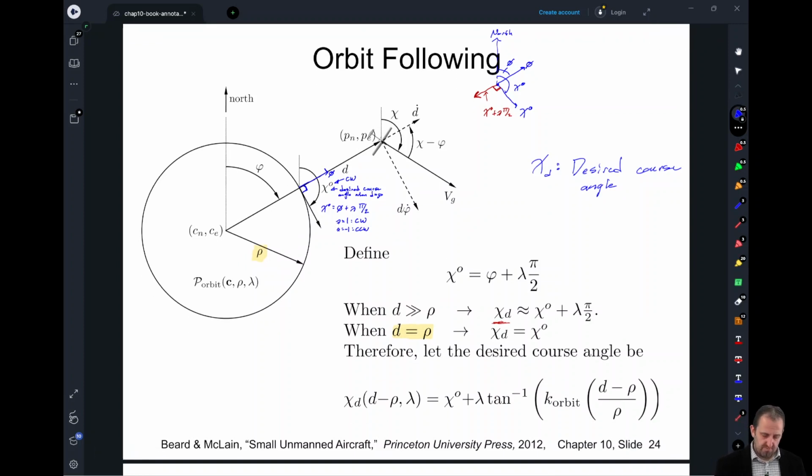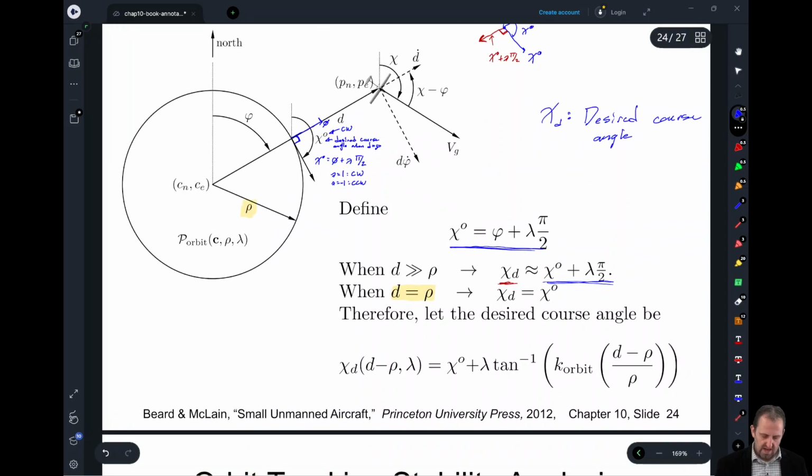If we're at the correct radius, it's chi super naught, and if we're really far, chi super naught plus lambda pi halves. So our desired course angle is chi super naught, if we're right on, plus lambda times this tangent, which is again our sigmoid.